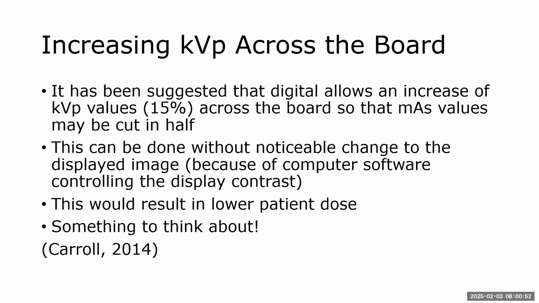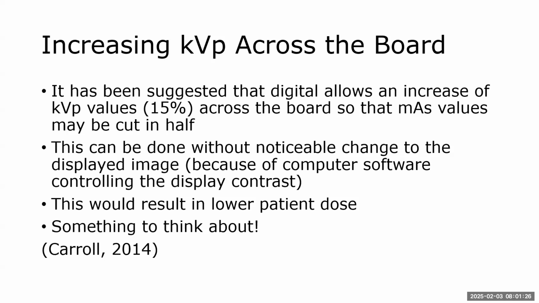So when we went originally from film to CR, for example, we just wanted to keep using what we were used to using, right? We knew what to use and we didn't want to change. But what this is saying is it was okay to increase kVPs across the board by about 15%. So we could cut those mAs values in half, which saves patient dose.